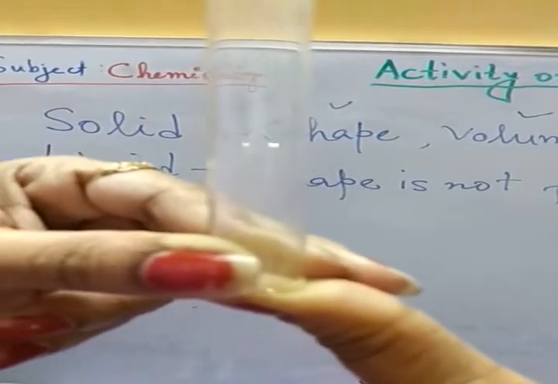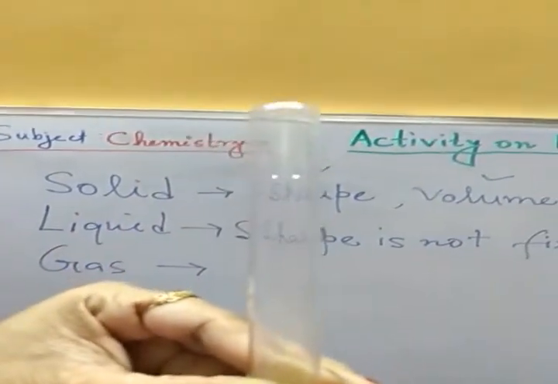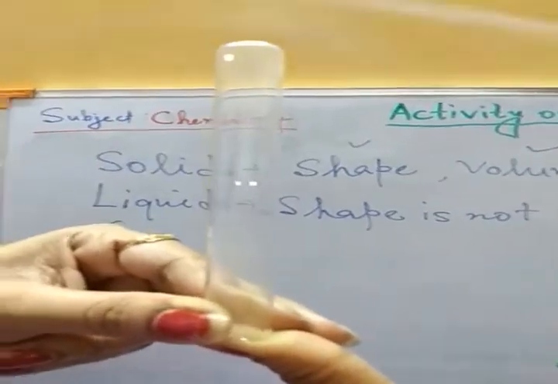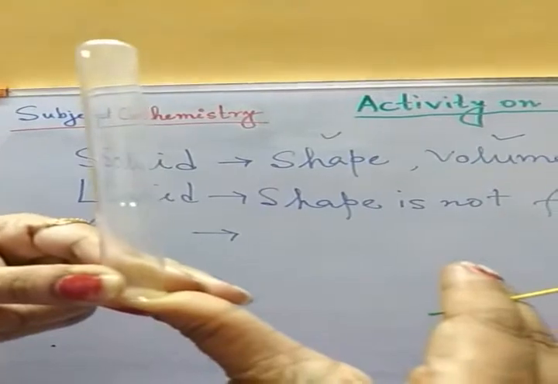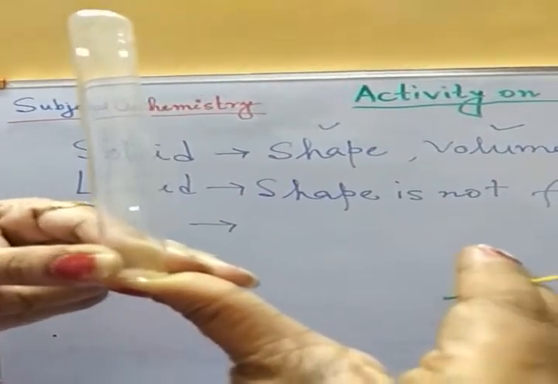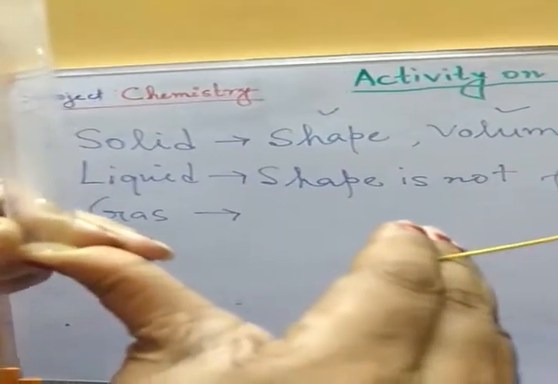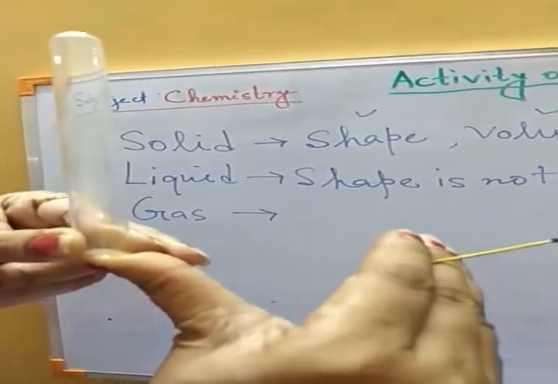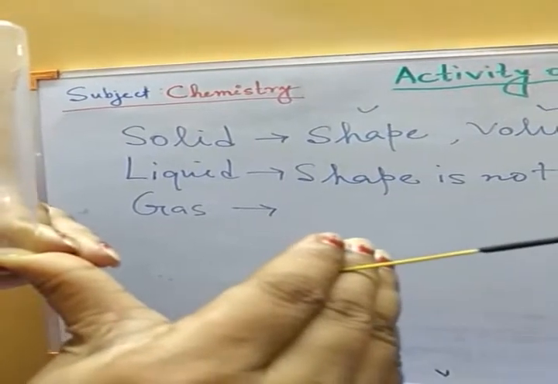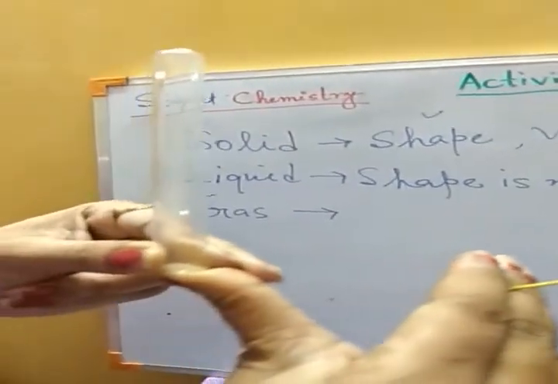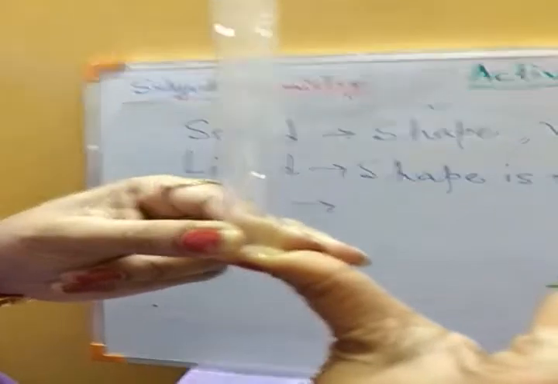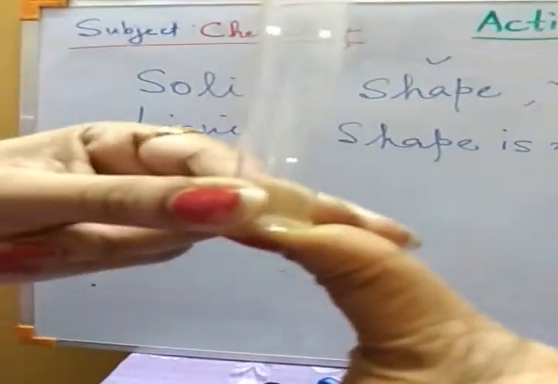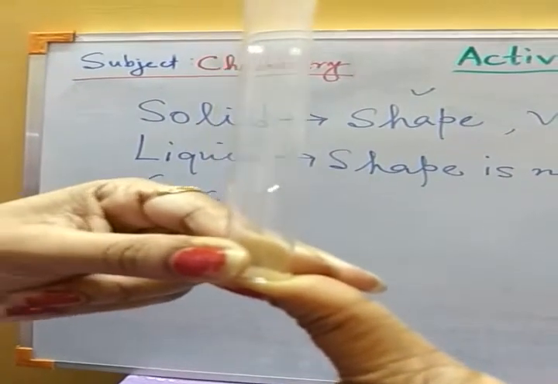Because the fumes are trapped inside, it looks hazy. We have already concluded that gases do not have any fixed shape. Now what about volume? As the gas molecules move randomly here and there, they will take up the whole volume of the test tube.